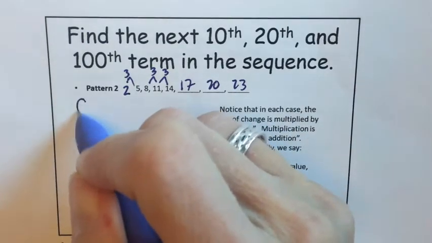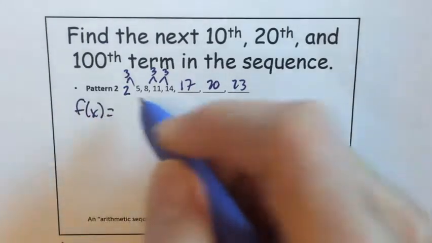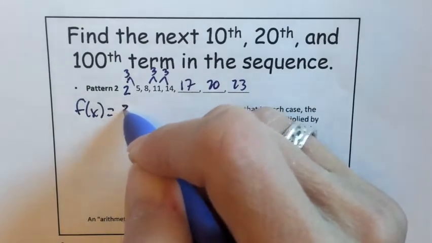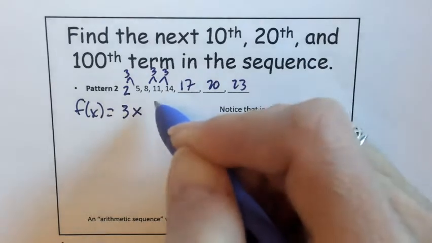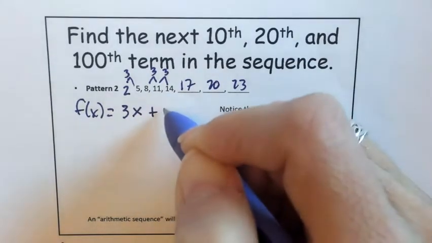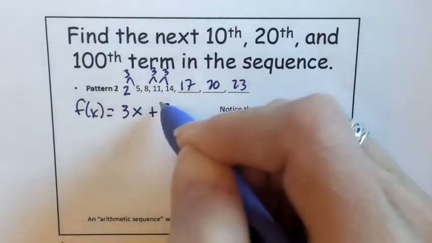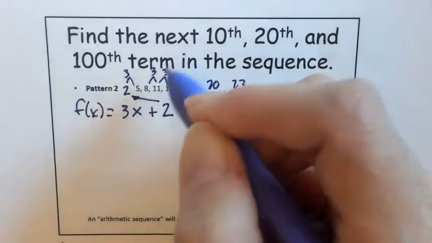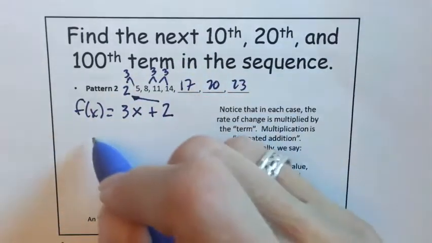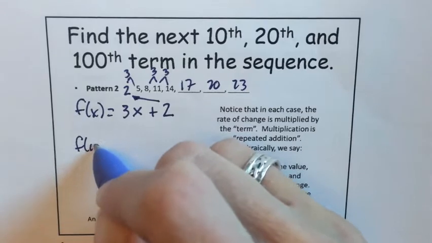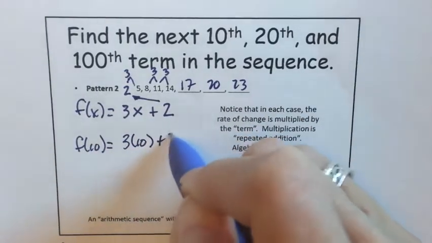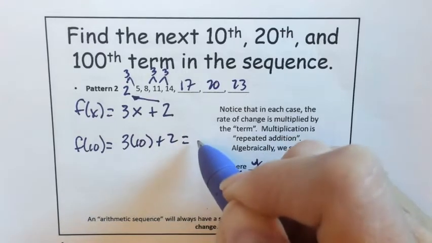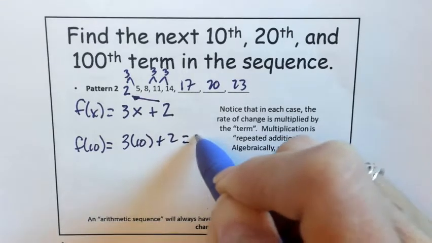So it's f of x equals rate of change 3 times x, which is any term we want, plus any extra needed, which is 2 in this case. So this is the extra needed, and the 3 is the rate of change. So if I want to find f of 10, I'm going to do 3 times 10 plus 2, which would give me 32.